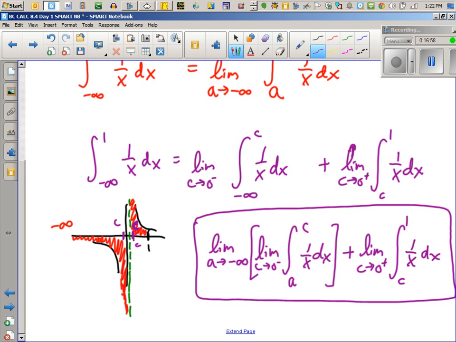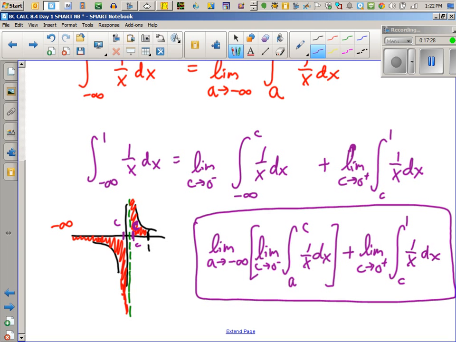But what's going on is we can't have an asymptote, nor can we have an infinity, in our integral symbol. Therefore, we have to use limits out front instead. So notice I replaced the negative infinity with an a, and I replaced the 0, which was troublesome, with a c, and I've got the limits on those to represent that c is going to be 0 and a is going to be negative infinity.